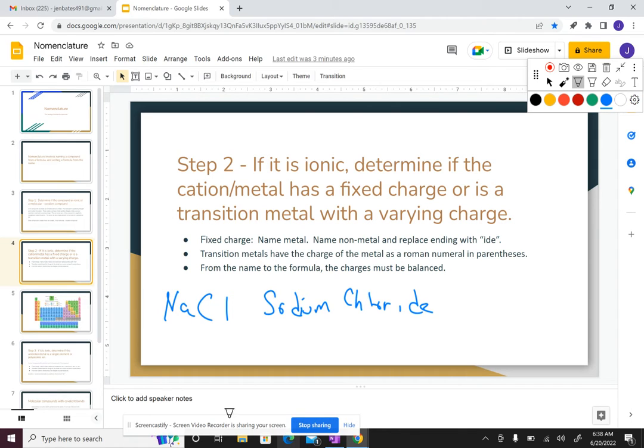Okay, another example, BeS. Simply name the cation or metal, which in this case is beryllium, and then name the anion and put IDE on the end. Sulfide.